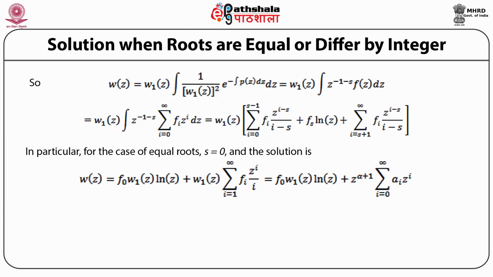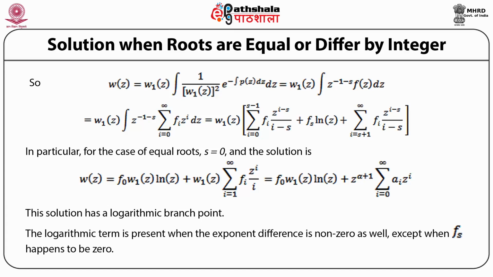This results in w of z equal to f naught times w1 of z into natural log of z plus z raised to power alpha plus 1 summation i going from 0 to infinity alpha i z raised to power i. As f naught is not equal to 0, this solution has a logarithmic term and hence a logarithmic branch point. The logarithmic term is present when the exponent difference is non-zero as well, except when f s happens to be 0.